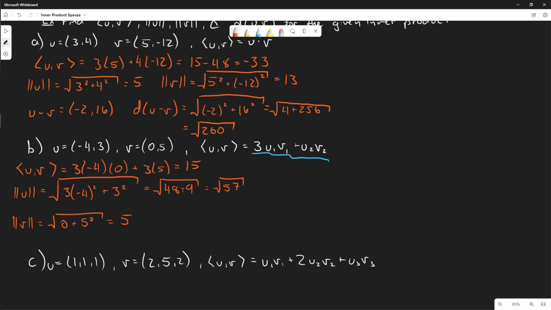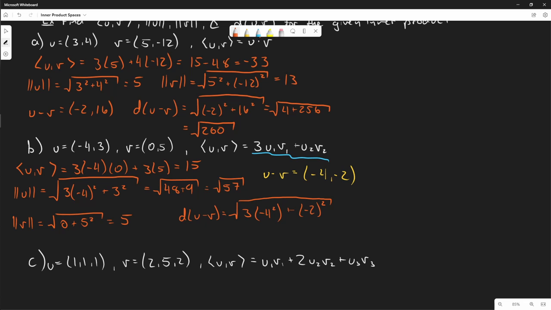The distance between them, u minus v. That is the same thing as (-4, -2), yeah. And so the distance between them will be the square root of 3 times -4 squared plus 3 times -2 squared, all under a square root.